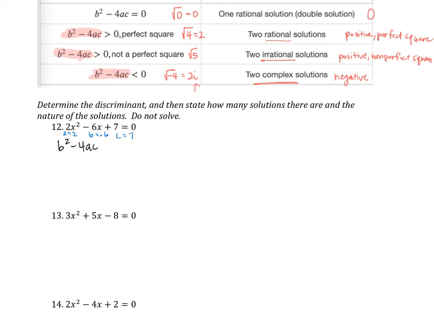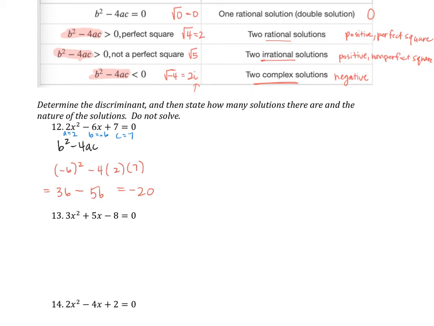We plug those in: -6 squared minus 4 times 2 times 7. -6 squared is 36, minus 4 times 2 is 8, times 7 is 56. If we subtract, we get -20.